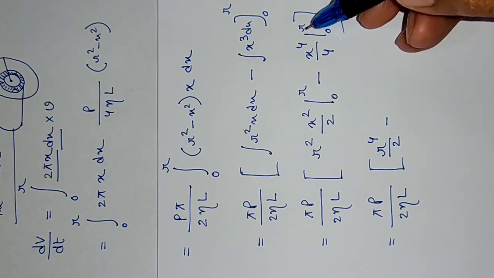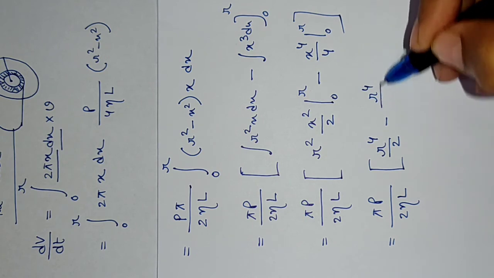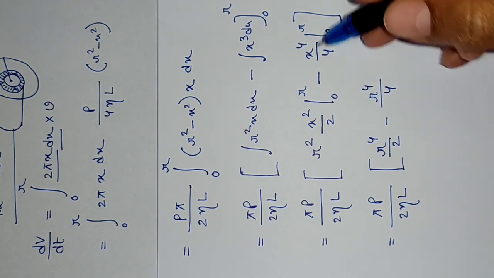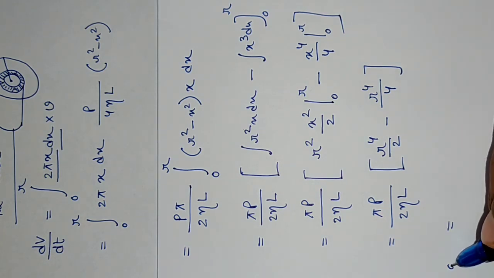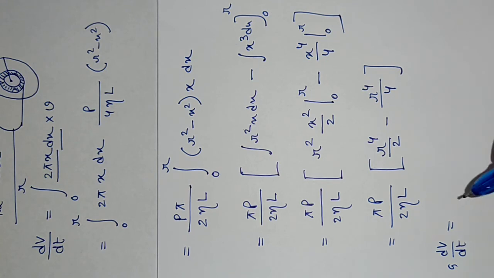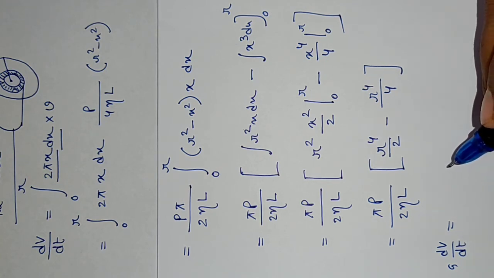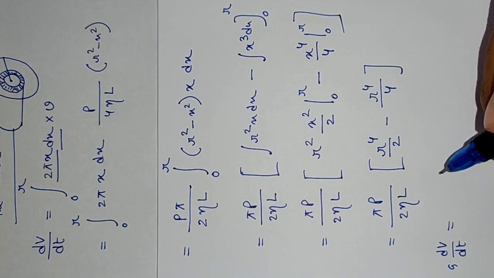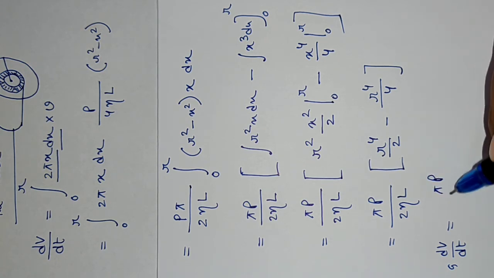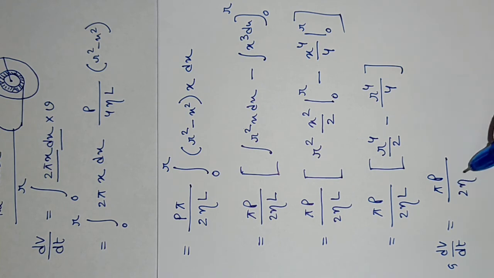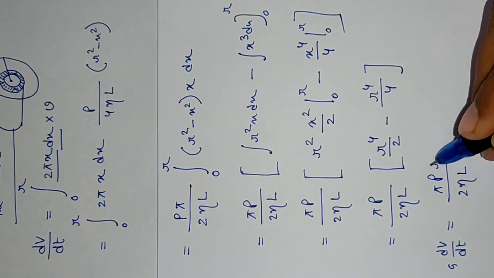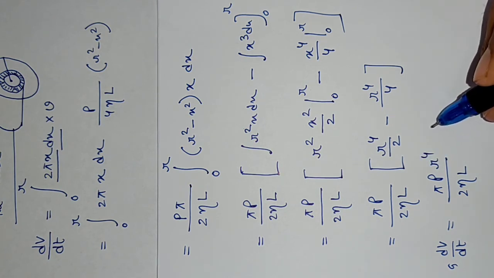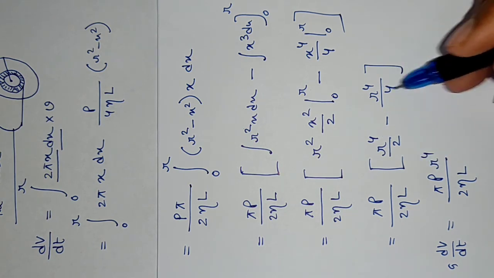Again this will be r to the power 4 upon 4, minus 0. So the volume of liquid flowing through the tube per unit time is pi P upon 2 eta L. We take r to the power 4 common, so it will be half minus 1 by 4.